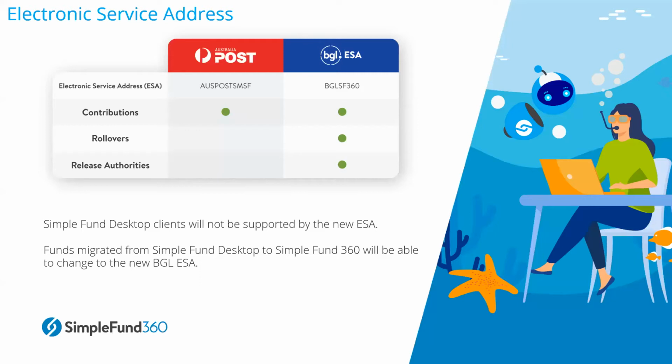Now, just on the messages, just a tip before we move on, we do have a few clients that have been called up or are calling our support line, and unfortunately they're under the Australia Post ESA and they have received a rollover or a release authority message under the Australia Post gateway. Now, that will not come through under the Australia Post gateway in Simple Fund 360.